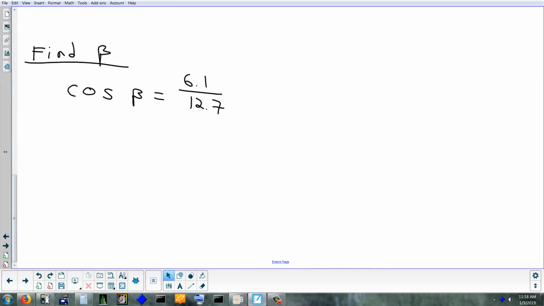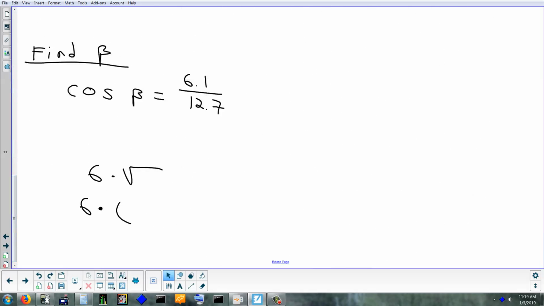All right. So I want to get rid of cosine. So I'm going to take the inverse cosine of each side. But you're not multiplying. You can only multiply with numbers and letters. You cannot multiply with a function name. Just like you can't take 6 and say multiply by the square root. You can't do that. Or take 6 and multiply by a parenthesis.